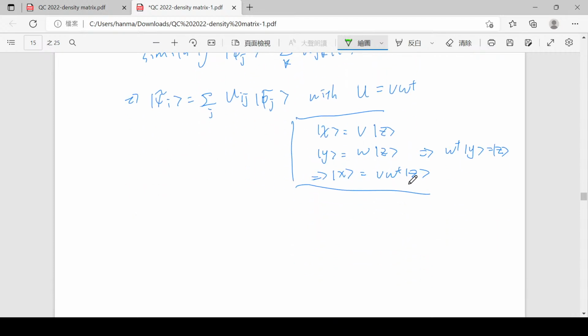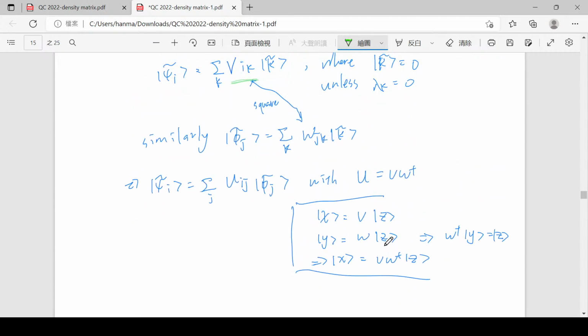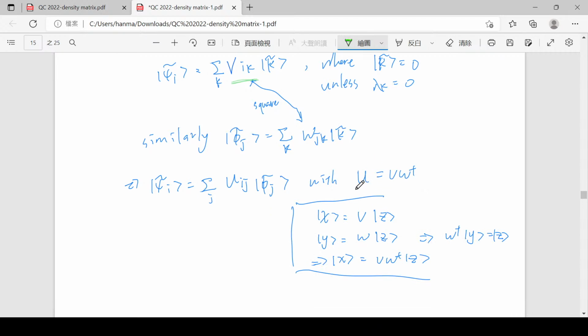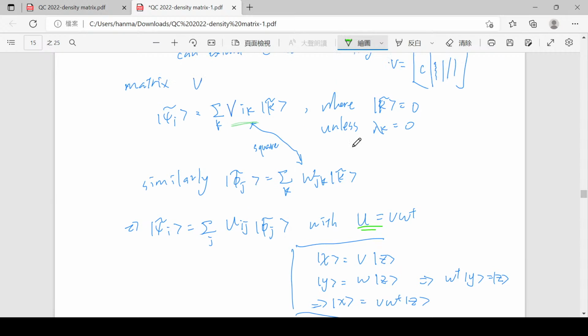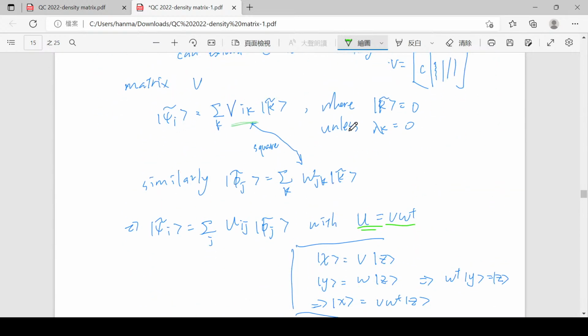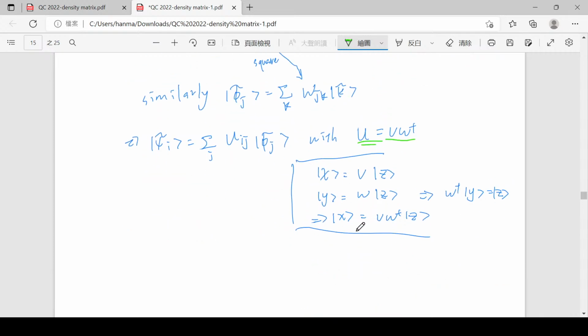Then you can just piece things together, although we are missing some detail also, but you can just write the unitary U, the unitary we want to find, as W times V times W dagger, because psi and k are related by a unitary and k and phi are related by a unitary.